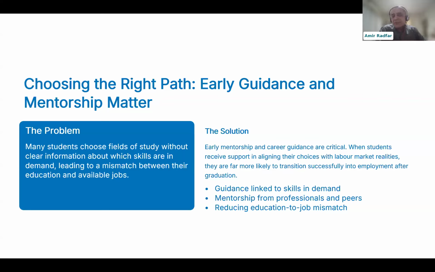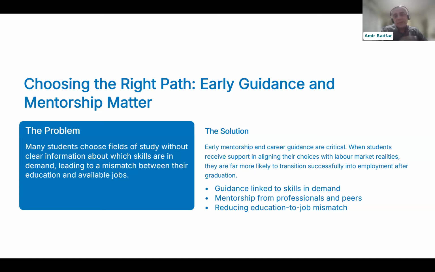We really need to make it clear through a good mentorship program before they choose the program, to make sure that there are really good skills and practical components aligned with the skills in demand in the labor market, so they can choose the right programs with good quality.